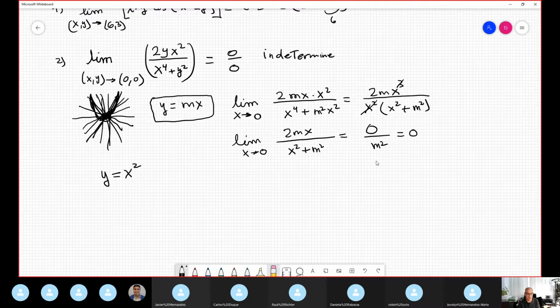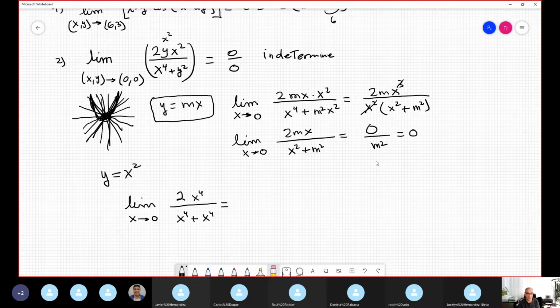Let's see. As you apply this, you have the limit as x approaches 0. So y disappears because you are doing that substitution. So 2 times y, which is x squared, times x squared together is x to the 4th power, over, in the bottom, x to the 4th power plus x to the 4th power.